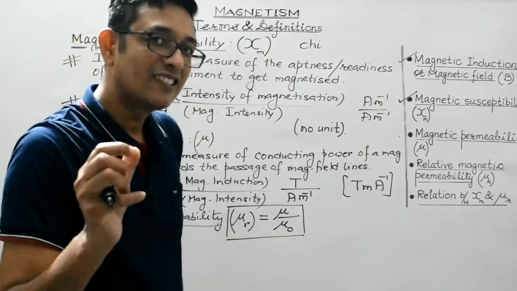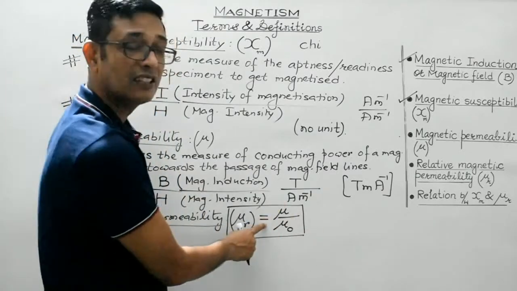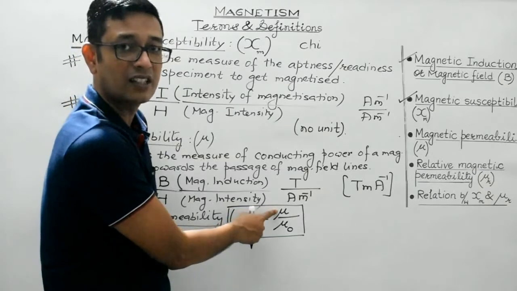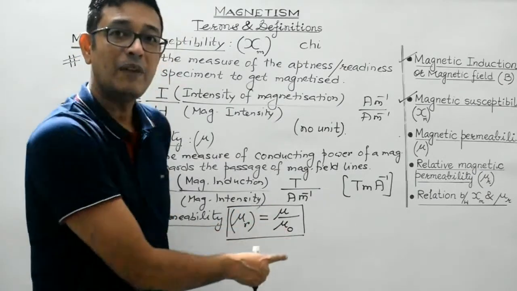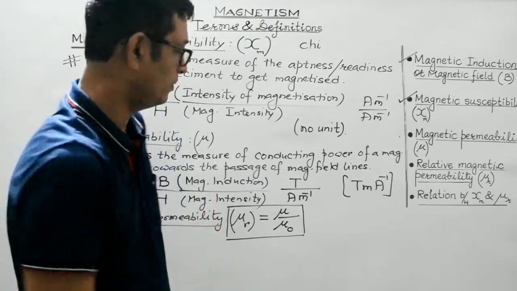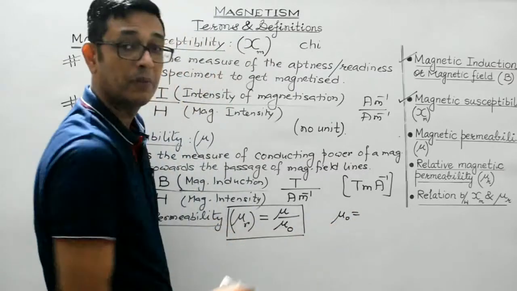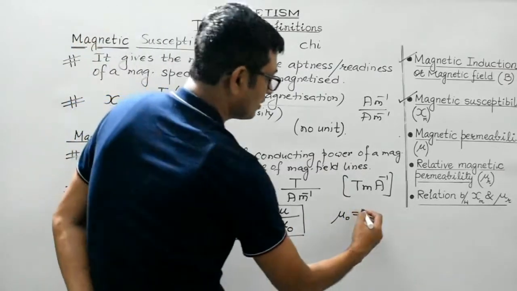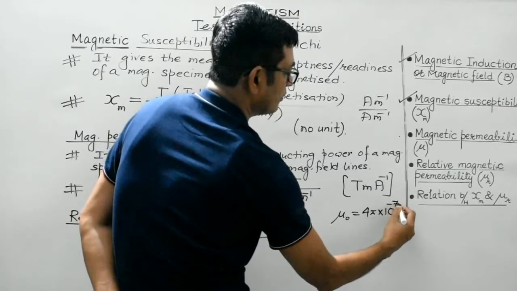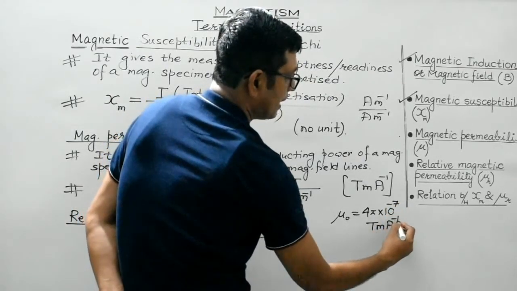So the relative magnetic permeability of a substance is defined as the ratio of the magnetic permeability of the substance under consideration to the magnetic permeability of free space, that is vacuum. And we are aware of the value of mu naught. The magnetic permeability of free space or vacuum is 4 pi into 10 to the minus 7 Tesla meter per ampere.